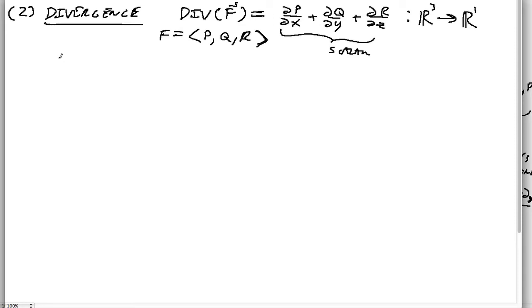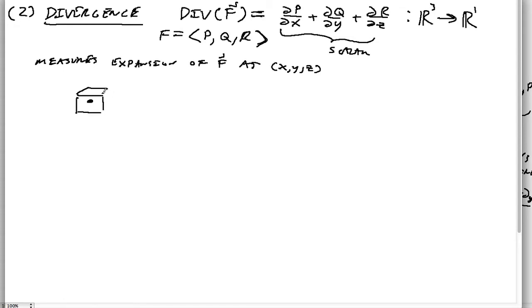When I say it measures the expansion of f at a point x, y, z, the idea is we can think of it as putting our point x, y, z inside of a box.